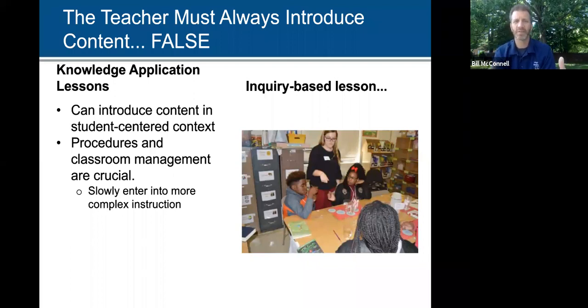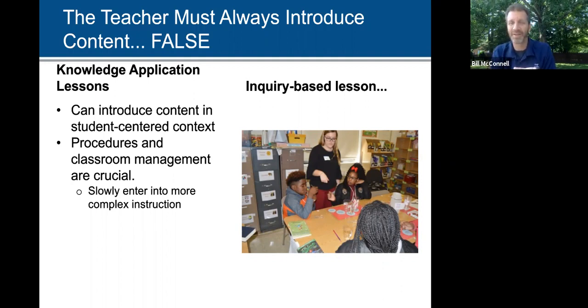Why is that? Because really, you're going to want to somehow get procedures in place. So you're going to slowly put piece by piece together of these things. I'm pretty sure you already know that.